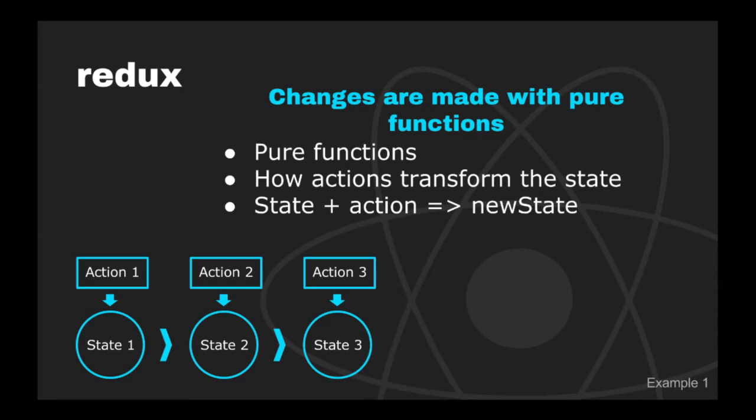We can just modify the things that we are receiving, right? And we are returning the modified state. In this case, we are going to be creating copies of the state and then mutating the copy and returning the copy. A pure function also ensures that if we receive exactly the same parameters, we are always going to return the same result.